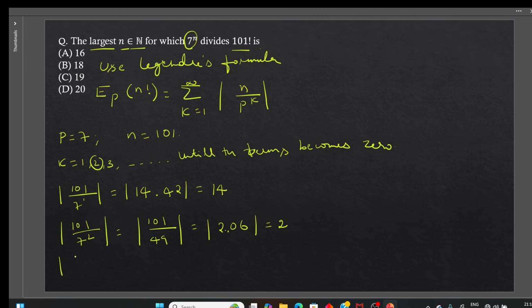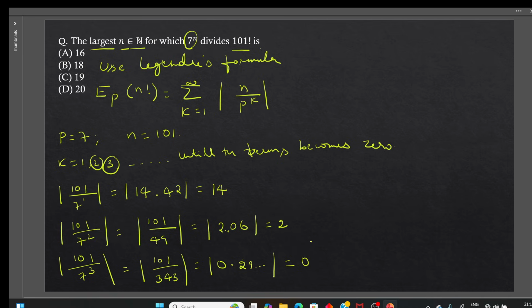Now k is 3, so 7 cube, which is 343. 101 divided by 343 is approximately 0.29, so it is written as 0.